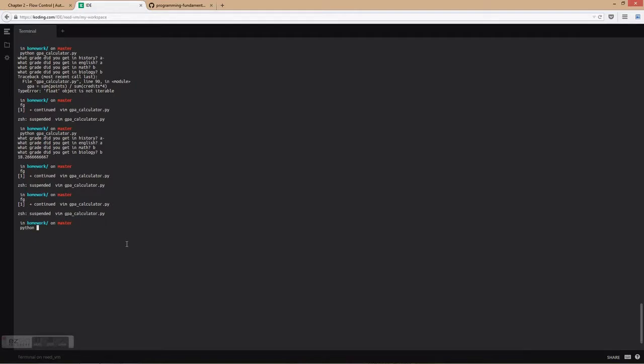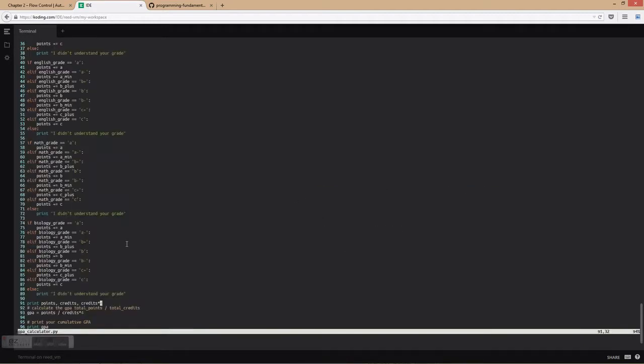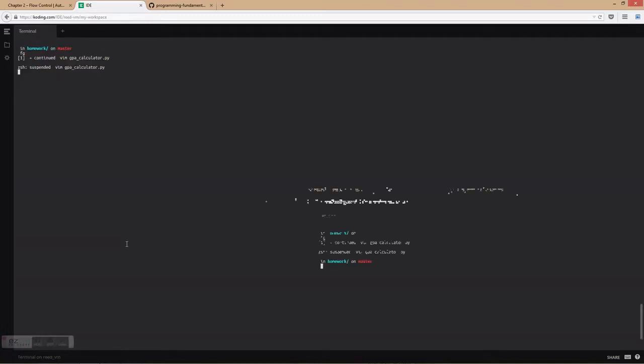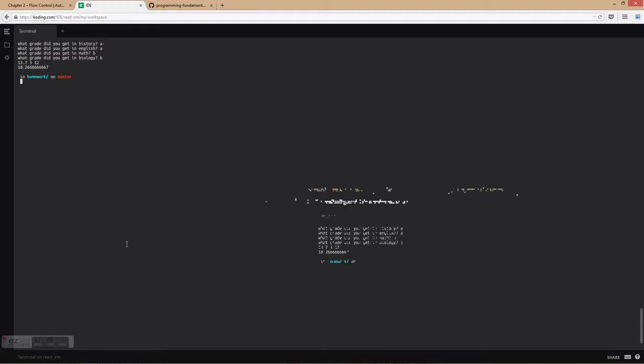GPA calculator. So we got an A minus, A, B, B. Oh, didn't like that. That's because I'm clearing the screen. We don't want to clear it. We want to be able to look at it. So A minus, A, B, B. So we've got 13.7 points, 3 credits, 12 total credits.